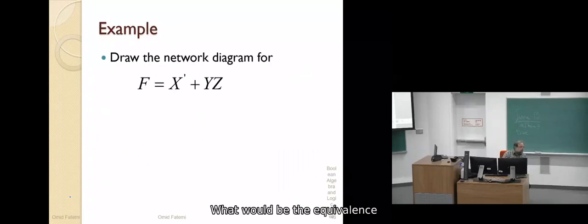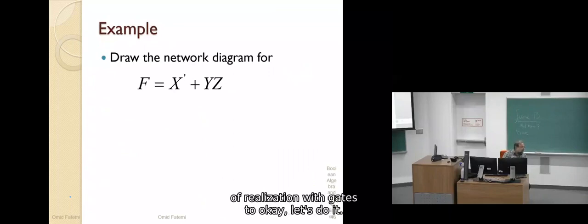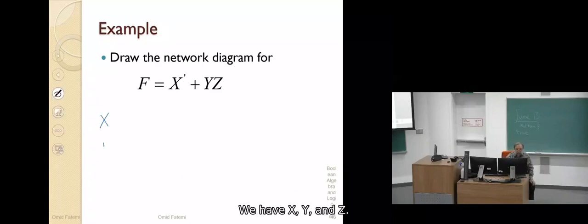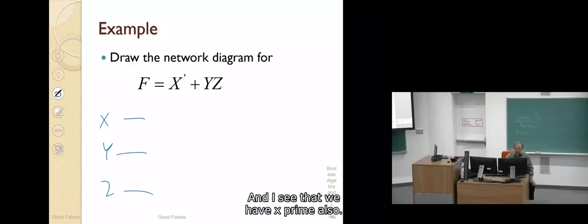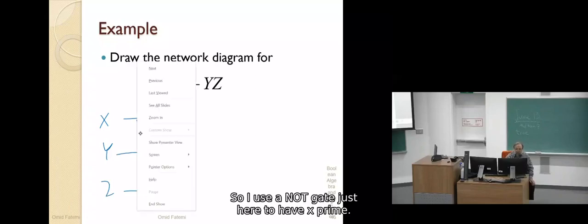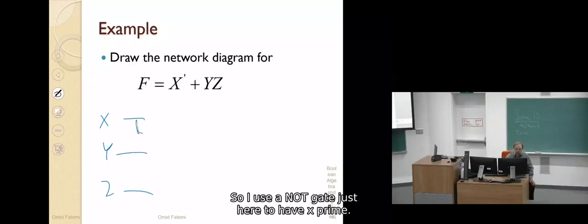What would be the equivalent realization with gates? Okay, let's do it. We have x, y, and z. And I see that we have x prime also, so I use a NOT gate just here to have x prime also.